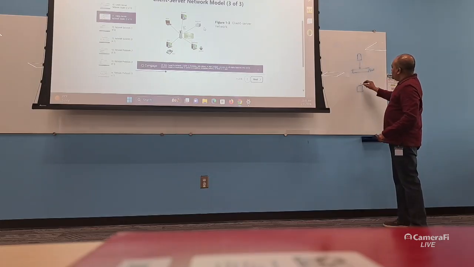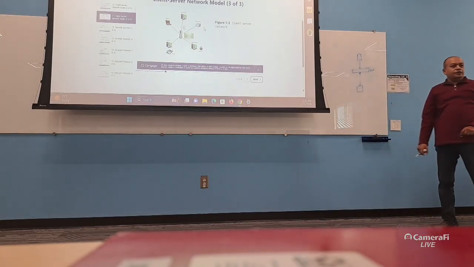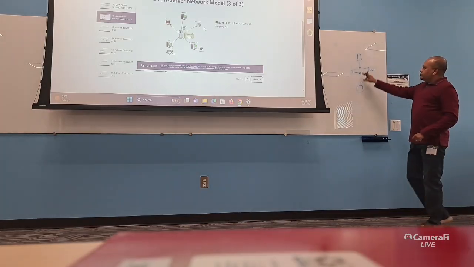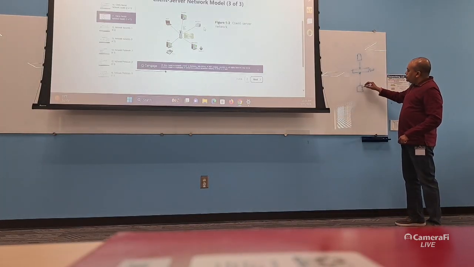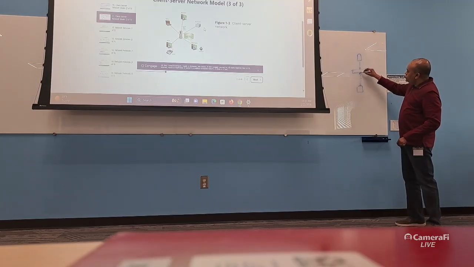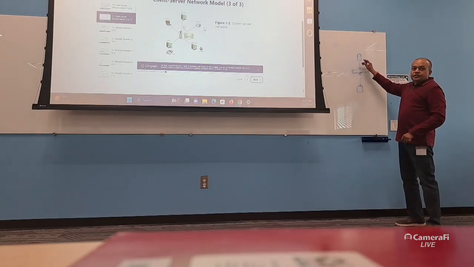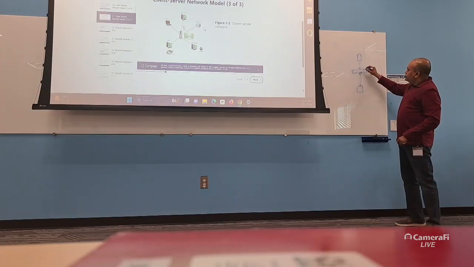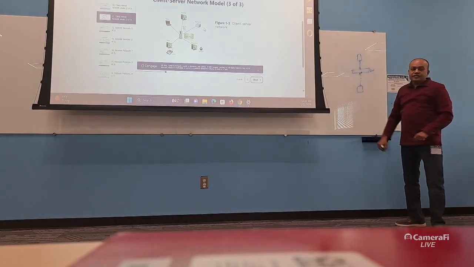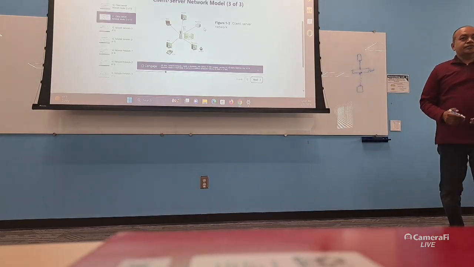This computer is connected to this switch, this computer is connected to this switch. If they want to communicate with each other, they are not going to send the message directly, they are going to send the message to the switch. The switch identifies which computer this message is for, and sends the message to that particular computer.